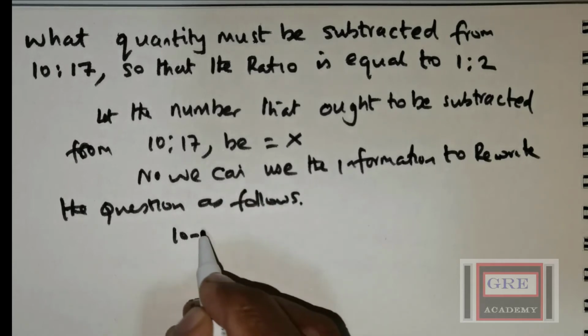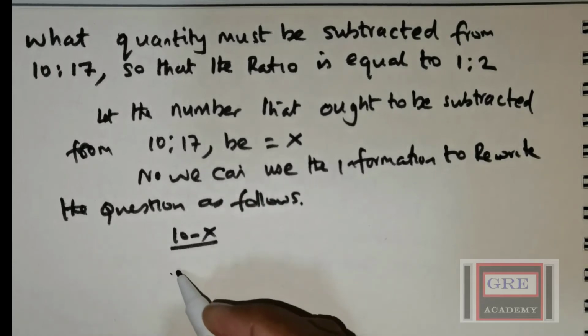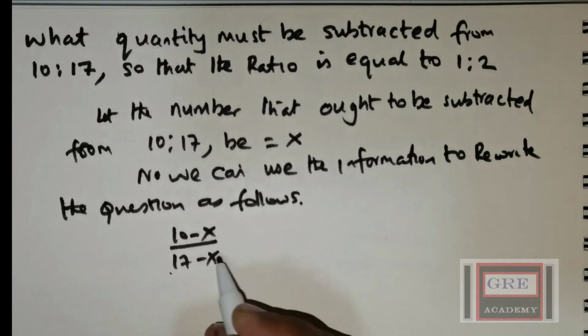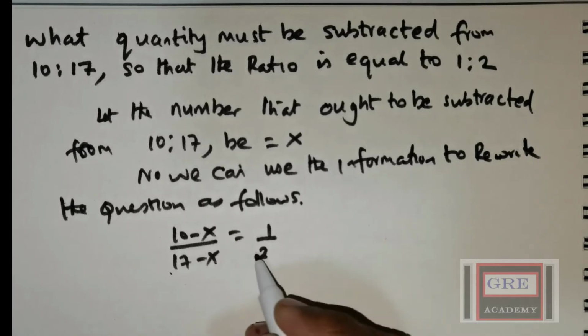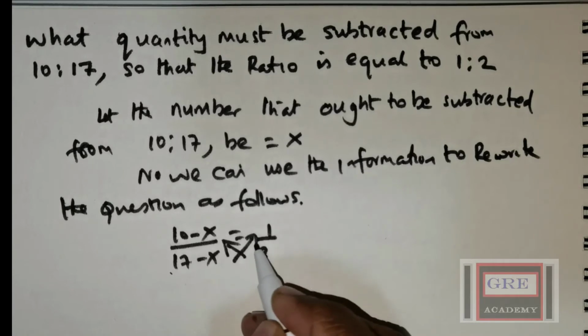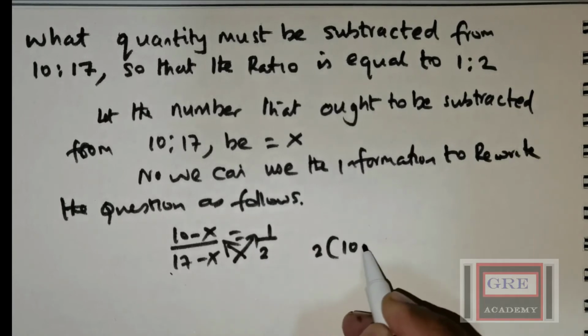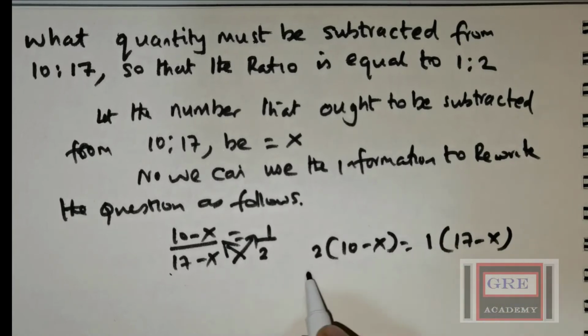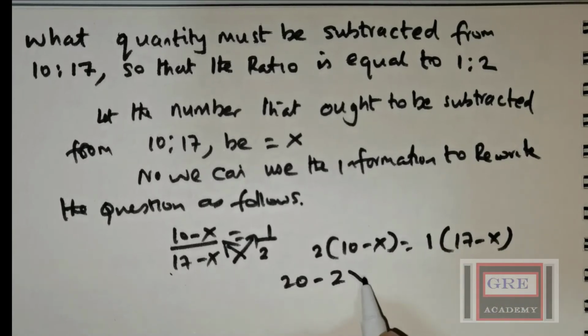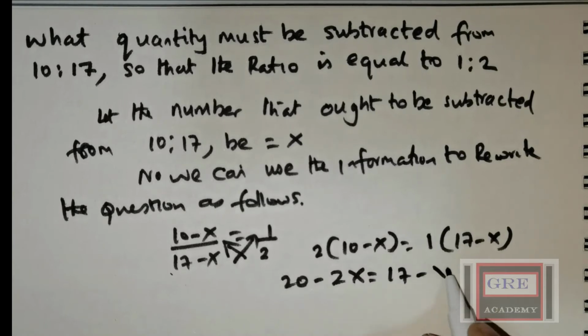So this is going to be 10 negative x divided by 17 negative x, so that this ratio becomes equal to 1/2. So if you were to cross multiply, you would get 2 times 10 negative x is equal to 1 times 17 negative x. This is 20 negative 2x is equal to 17 negative x.